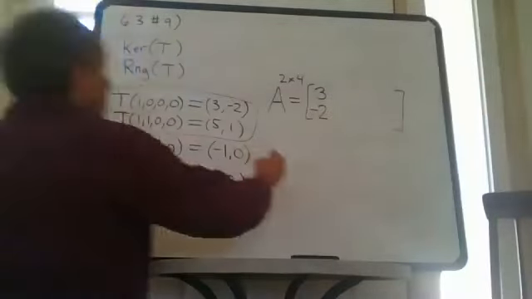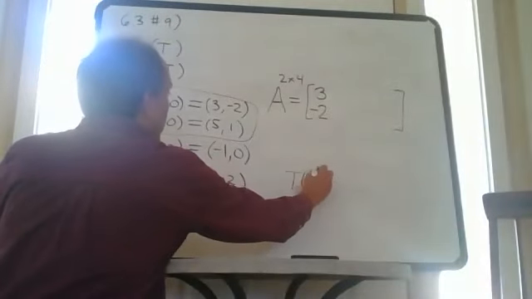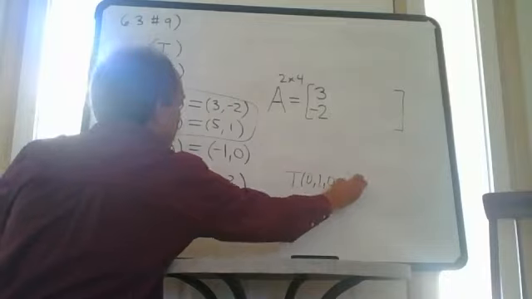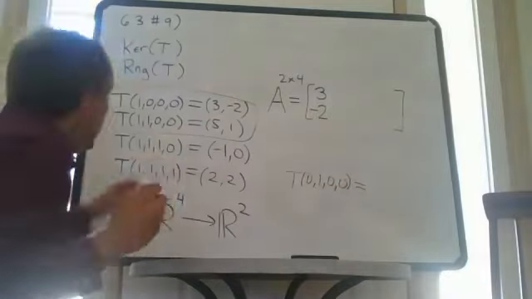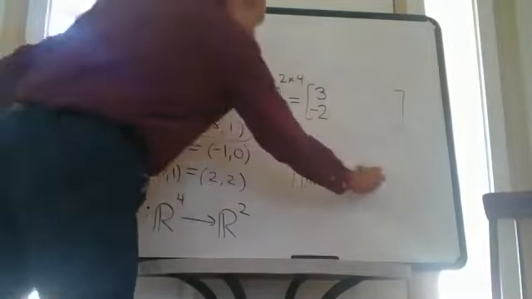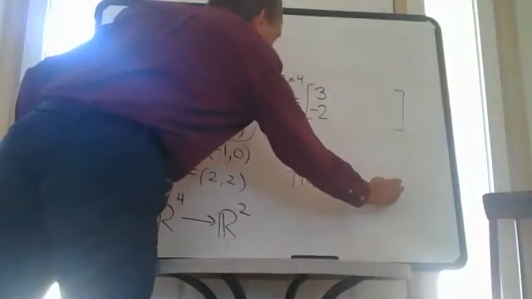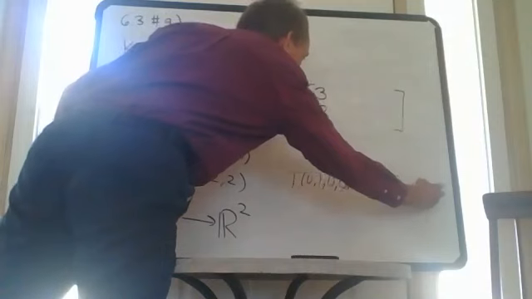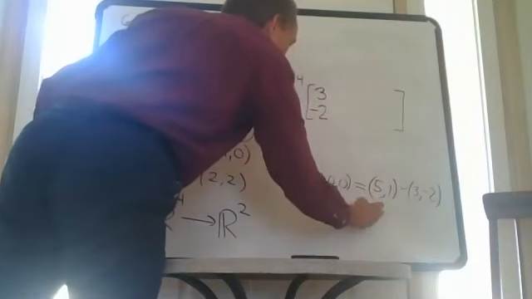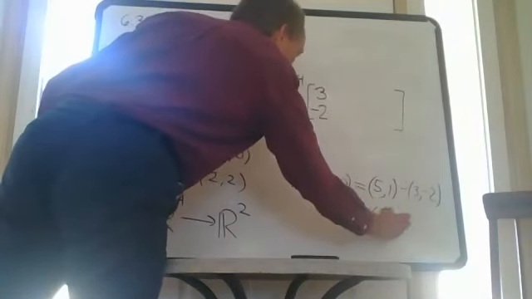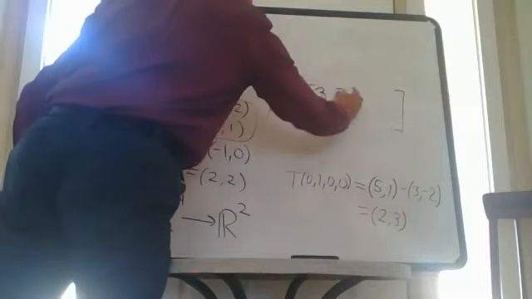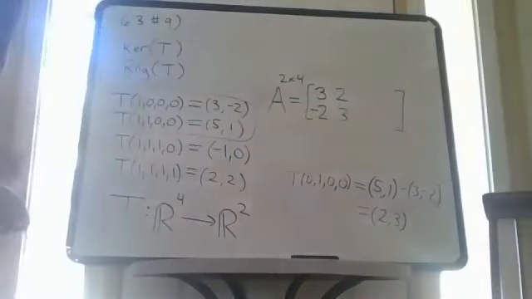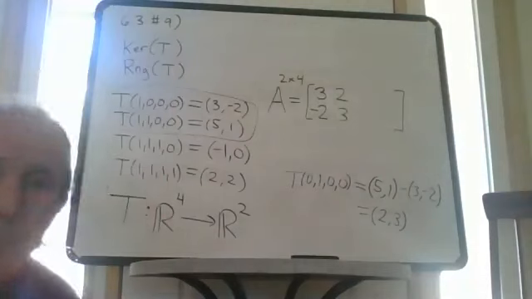So in other words, T of 0, 1, 0, 0 is just the second line minus the first line. So that's going to be 5, 1 minus 3, negative 2. And when you simplify that, you just get 2, 3. So that becomes the second column of the matrix capital A.